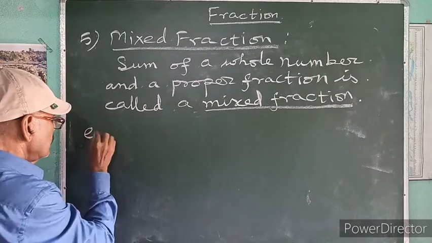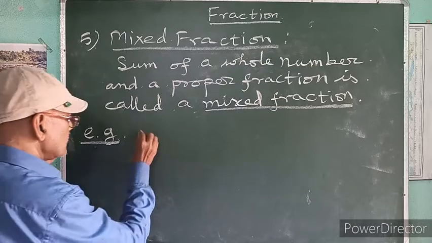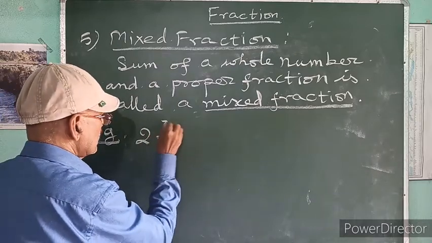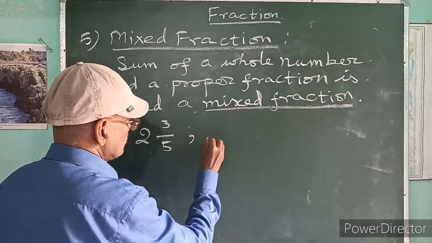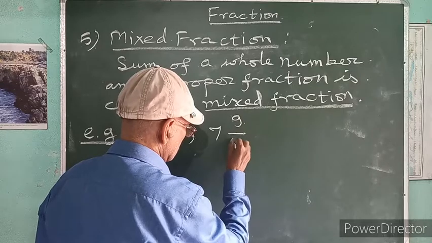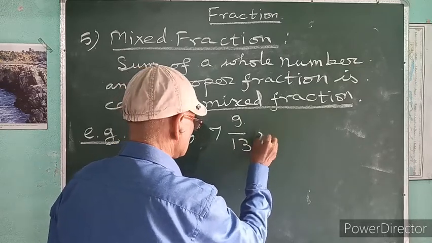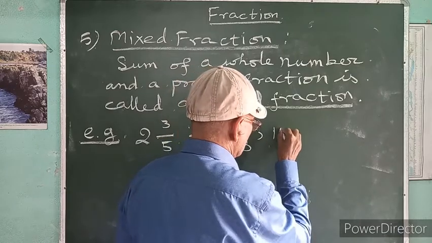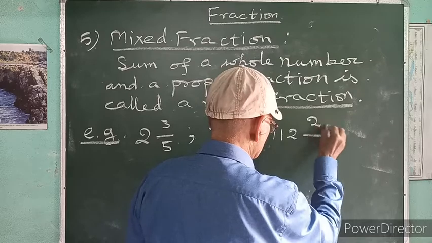Let us give you example. 2 whole 3 by 5, then 7 whole 9 by 13, then 112 whole 2 by 3.